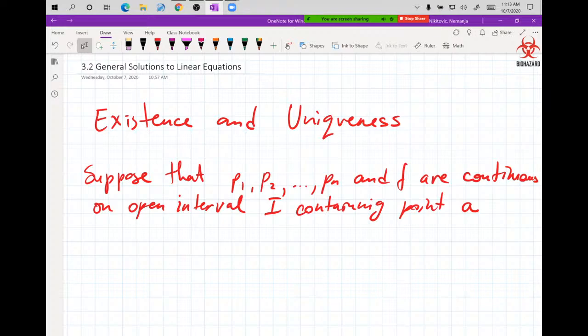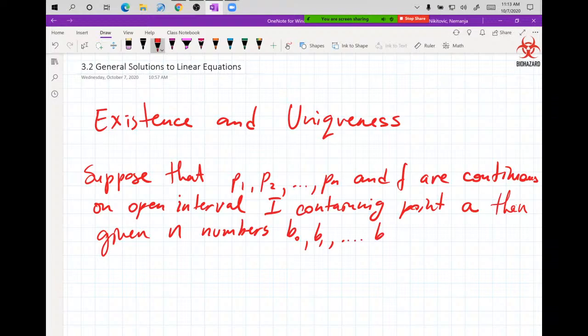Then, given n numbers b0, b1 all the way to bn minus 1, because remember b0 is counted, so n minus 1 adds up to n total numbers.